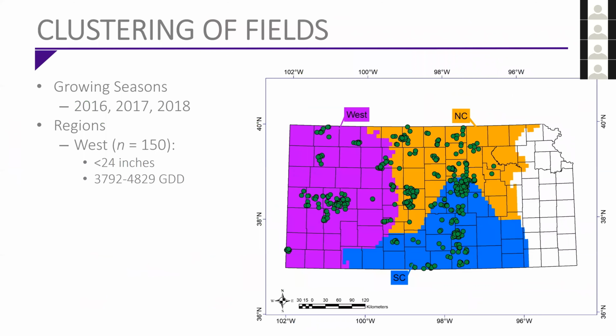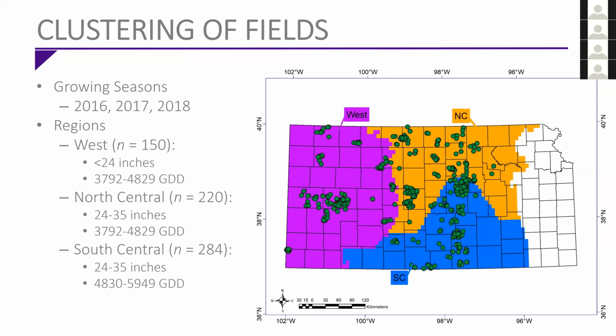You see there that it was based on rainfall and temperature. Western being a drier and cooler environment, North Central a little bit more moist and cool, and South Central more moist and warm. Because Great Bend would have been, based on this grouping, considered North Central Kansas, we are going to focus on what we learned from North Central Kansas in the next few slides.